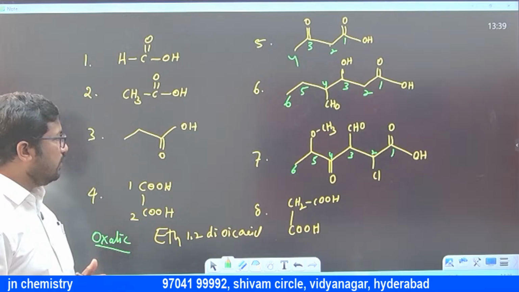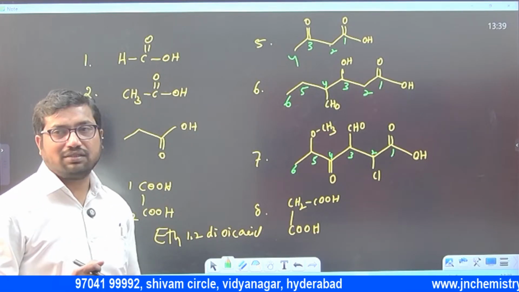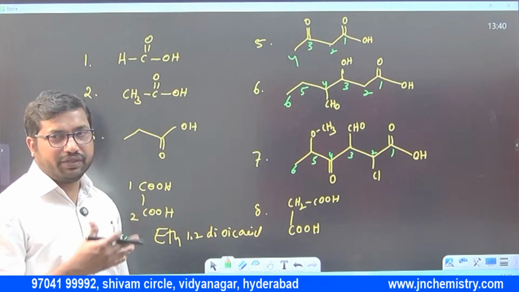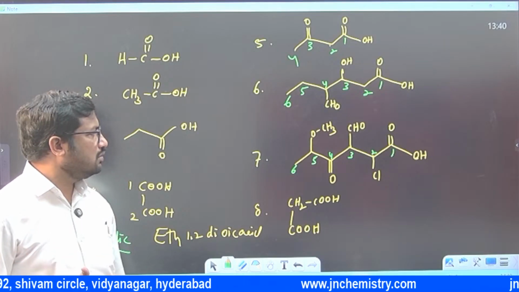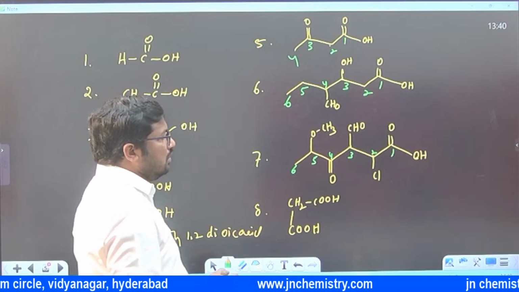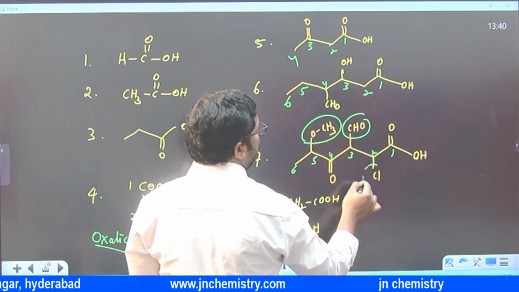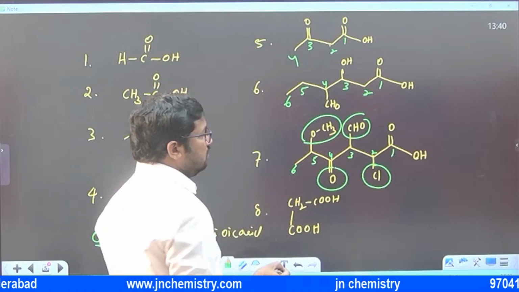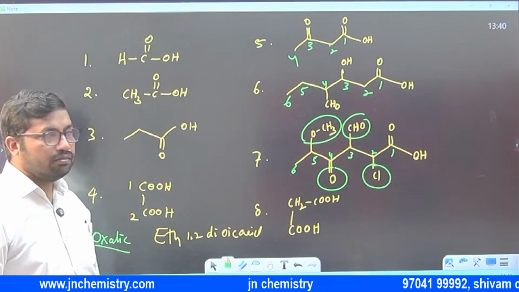A lot of people, if they don't know the nomenclature, can't read organic chemistry, right? Without knowing the name, we will forget. So this is methoxy, aldo, chloro, keto. 3-aldo, 2-chloro, right?